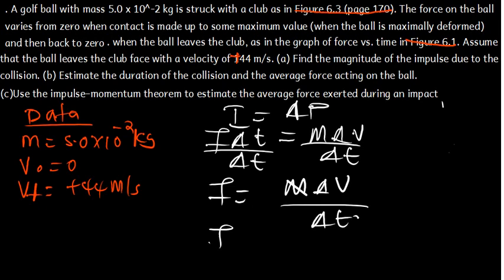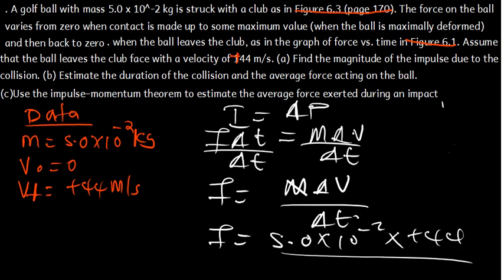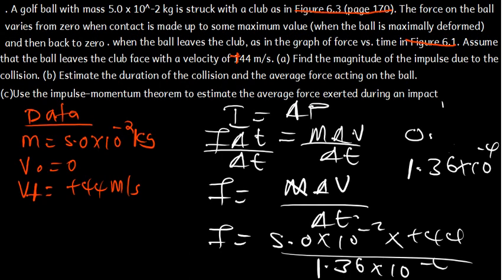Okay, so the force is equal to, what is the mass? The mass we have is 5.0 times 10 raised to the power negative 2. Then the velocity we have is positive 44. I'm going to divide this by the duration, which is 1.36 times 10 raised to the power negative 4.